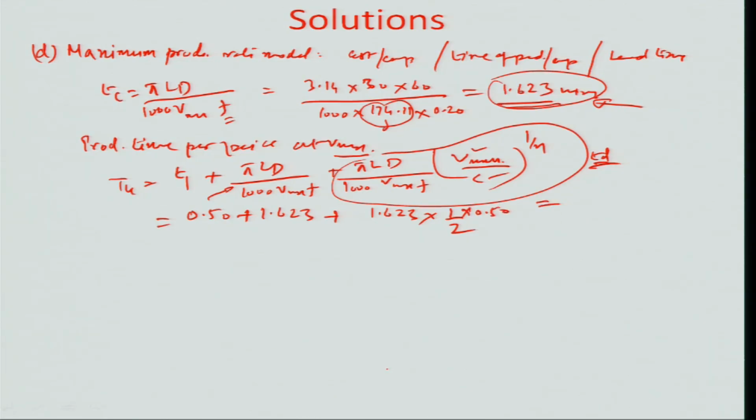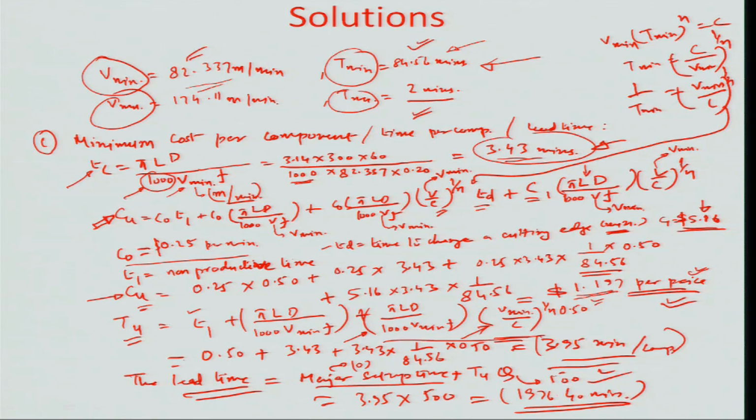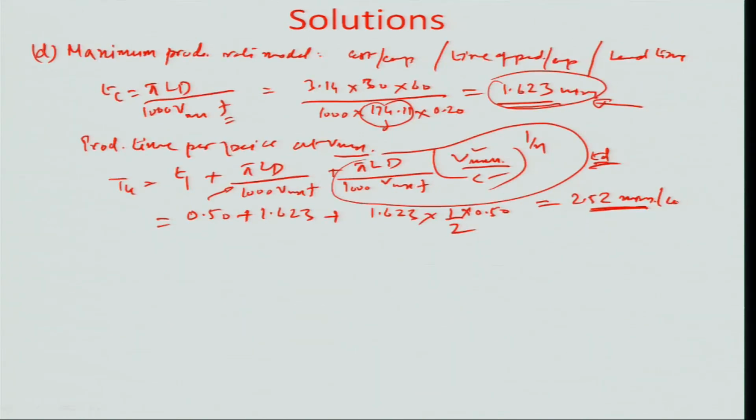So the total time per component comes out to be 2.52 minutes. Remember, the earlier time per component was quite higher. In that case it came out to be about 3.95 minutes. Here it is about 2.52 minutes per component, obviously because the production rate is at its maximum in this particular equation.